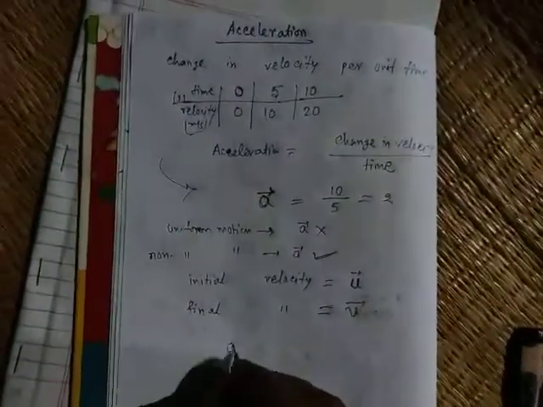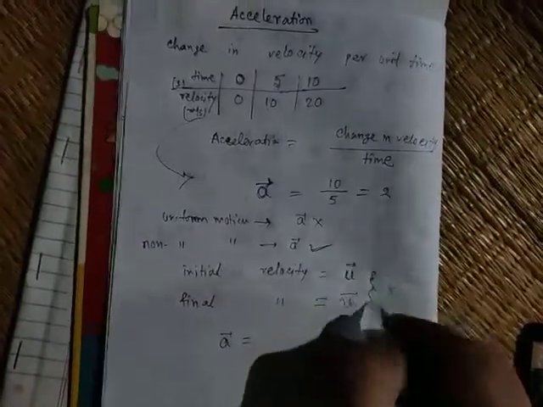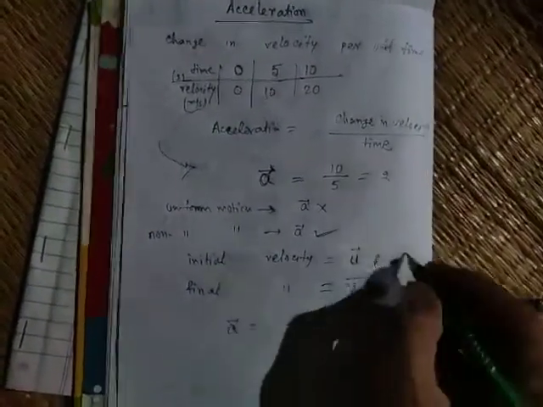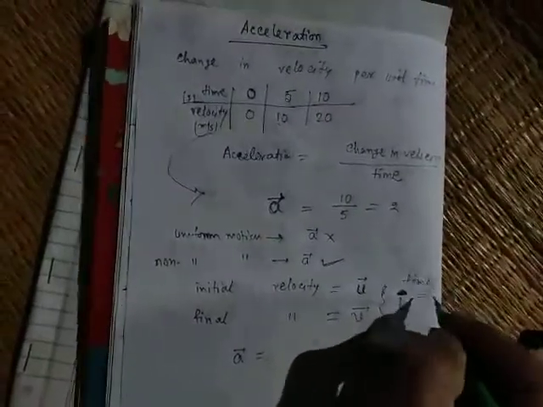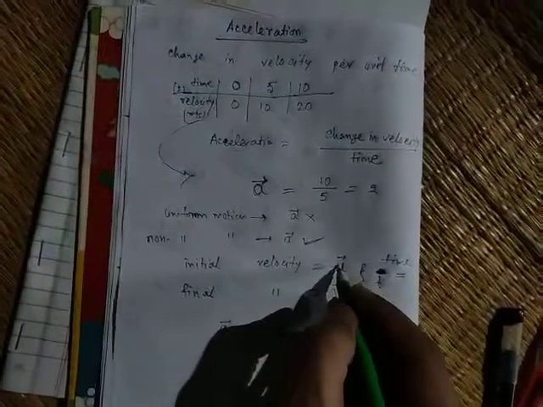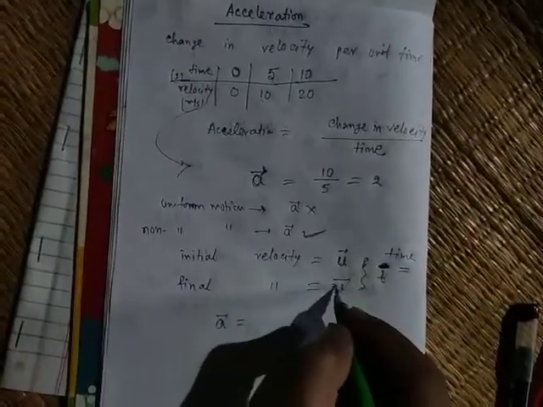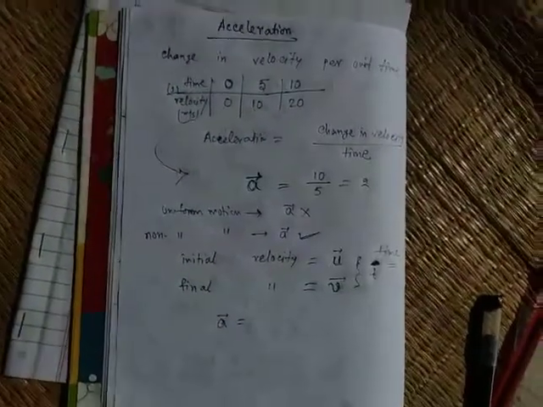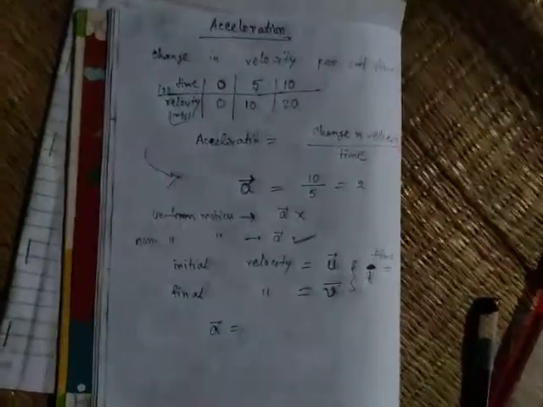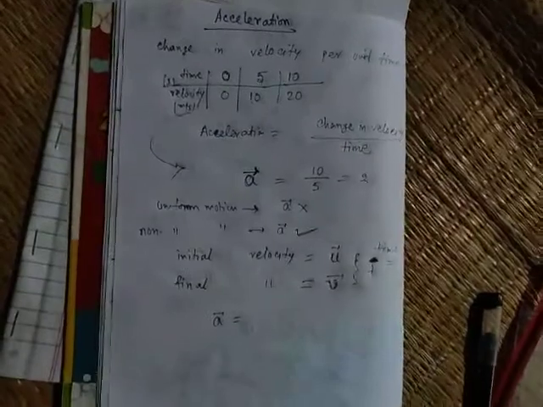So we can write acceleration equals, and the time taken to change the speed is time t. Sorry, time is a scalar quantity, so there is no arrow. Time is equal to t. Initial velocity is u, and in time t the velocity changes to v. That means in time t the velocity increases or decreases from u to v.